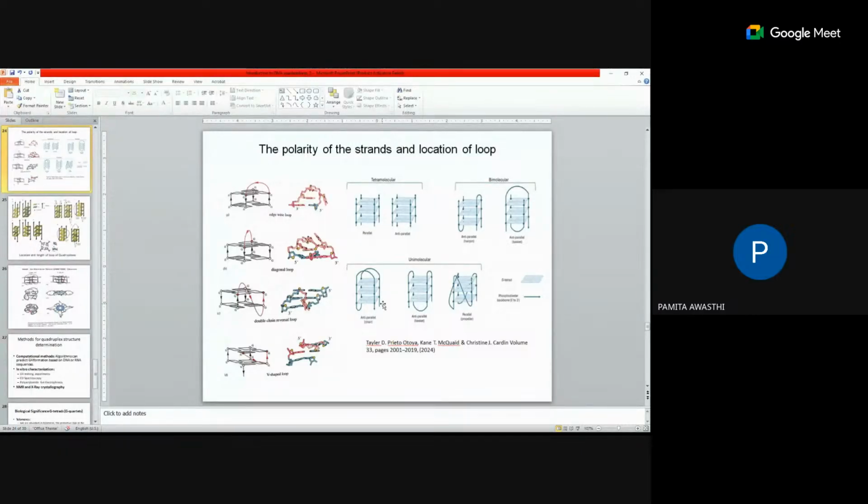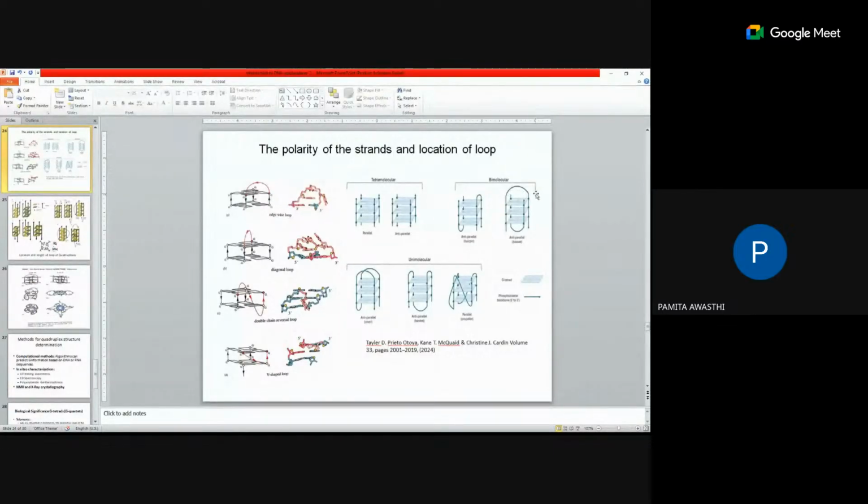And in addition to the propeller, we do have the lateral loops, which are also called edgewise. Lateral means this is the lateral. Somewhere it is called chair, or sometimes it is called edgewise. And the diagonal loop. Diagonal loop means when this strand is connected to this strand.